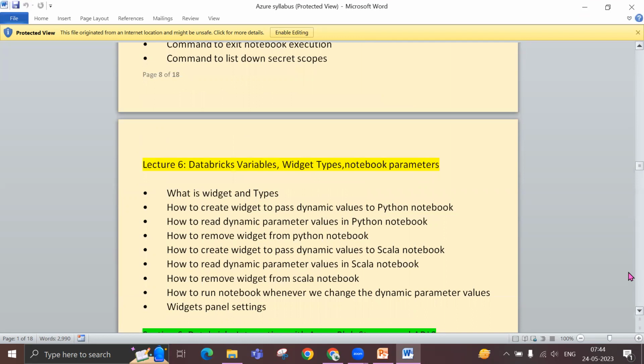And of course variables and widget types. This is a new term you might be hearing for the first time.